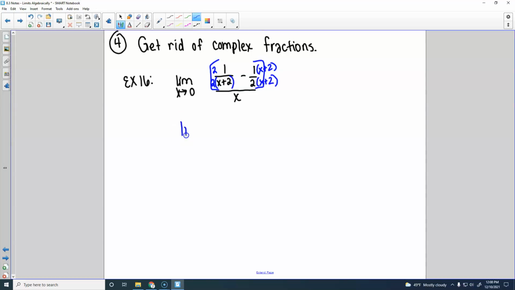And so we will get the limit as x approaches 0 of, here we're going to get 2 minus x plus 2. Notice I kept those parentheses there. I just want to make sure we don't forget to distribute that negative. And on the bottom, I'm going to keep it factored, 2 times x plus 2. And don't forget, you still have this denominator of x. And so we can distribute this negative here.